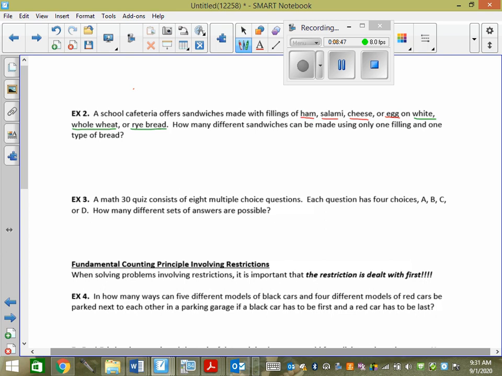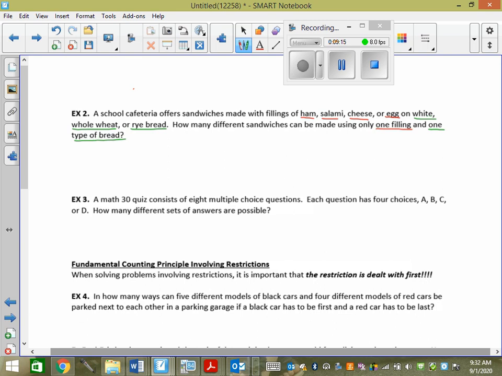How many different sandwiches can be made using 1 filling and 1 type of bread? 1 filling and 1 type of bread. Okay? So I told you you can only choose 1 of each thing, right? So if they said 2 fillings, could we use the fundamental counting principle? No, we'd have to do something else. All right? We can only choose 1 of each piece.